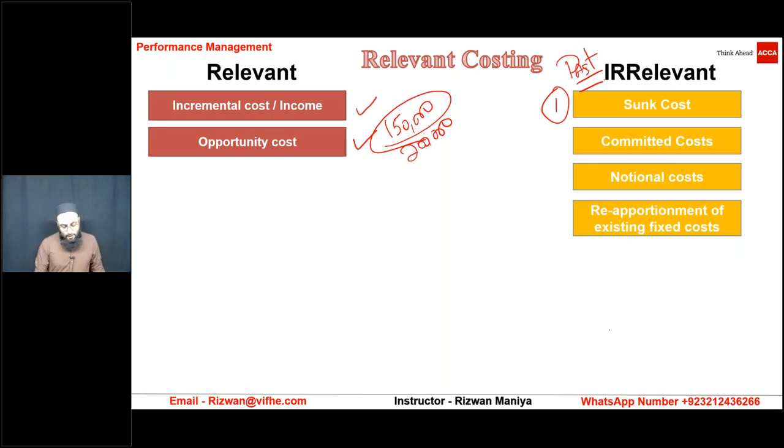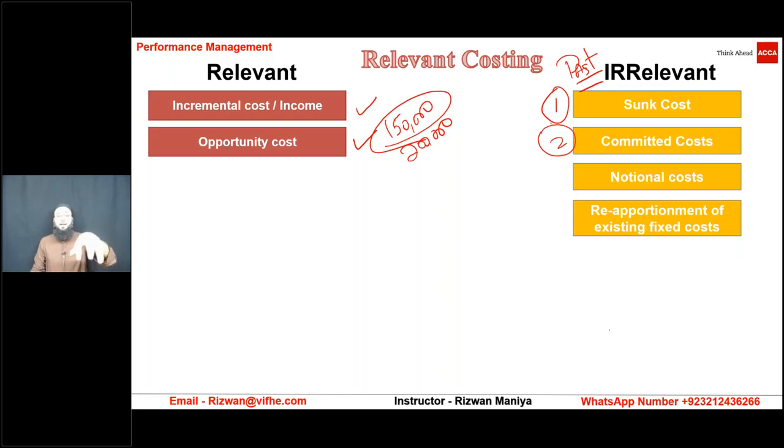A cost will also not be relevant if it is a committed cost. Now, what is a committed cost? Guys, listen. A committed cost is a cost that will be incurred in the future, but still it will not be a relevant cost because the commitment to incur it was made in the past.